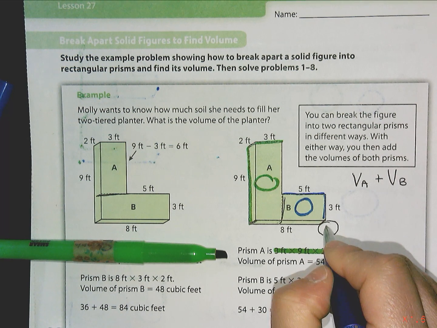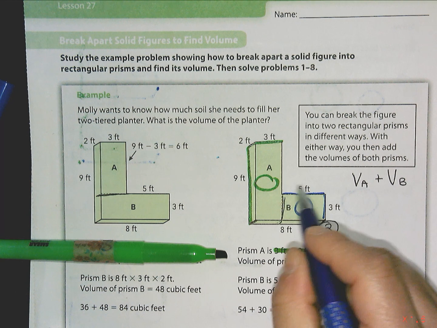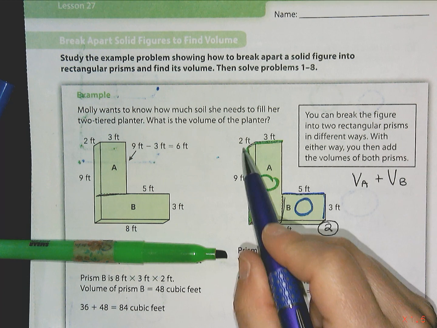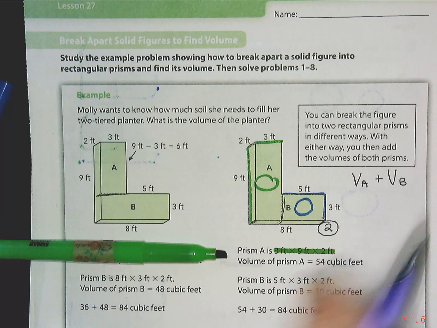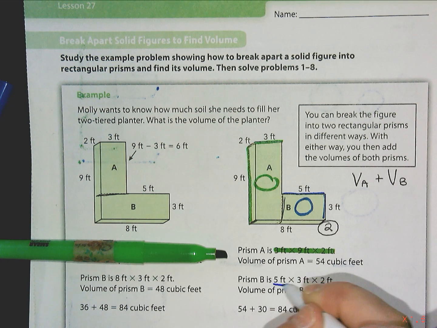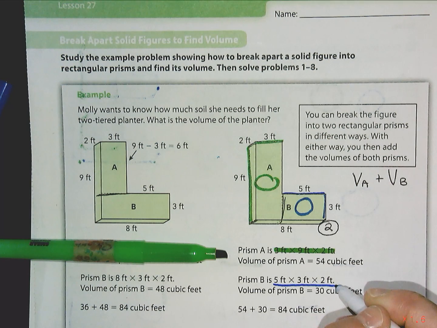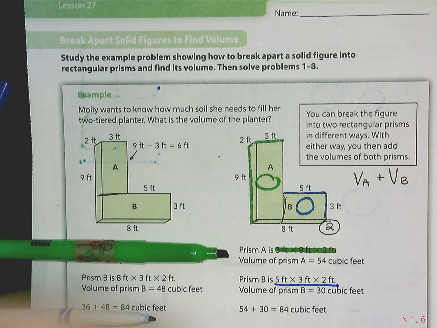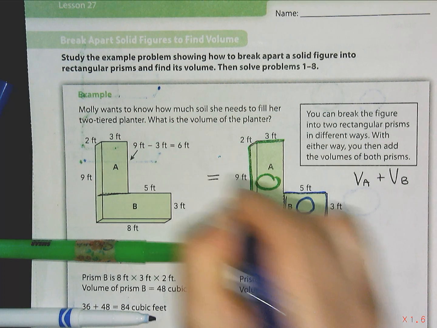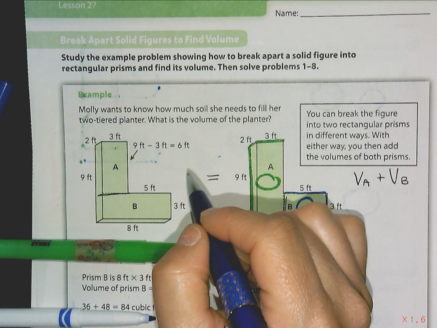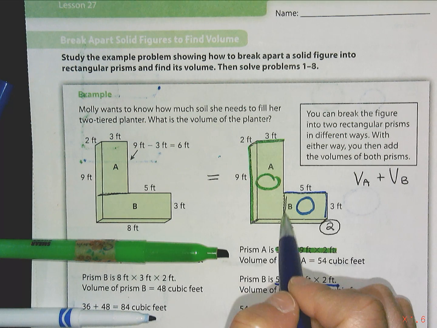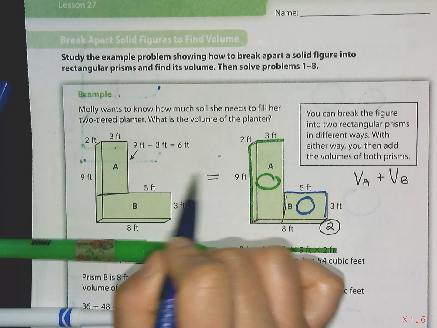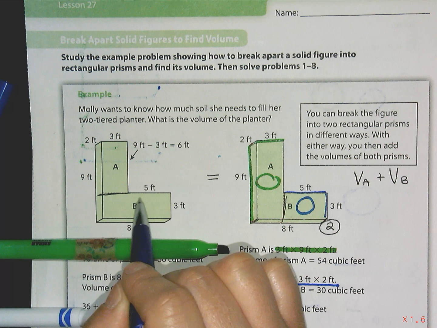So my width of B is going to be 2, just like my width of A was 2, which means I will find it by doing 5 times 3 times 2. Now, when I look at the one on the left here, the volume is going to be the same. No matter how you cut it, if you decide to chop it down or over, your volume will always be the same as long as you're counting the right measurements.